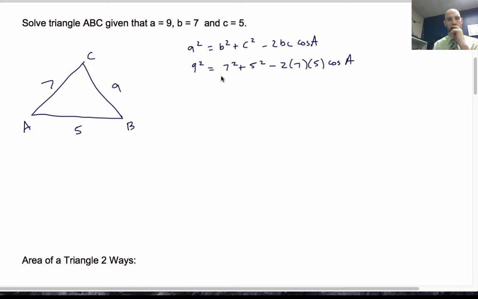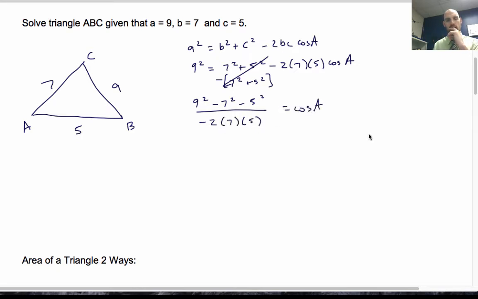However, I can subtract 7 squared plus 5 squared. So I've got 9 squared minus 7 squared minus 5 squared. All those are gone. And then I'm going to divide that by this part, so divided by negative 2 times 7 times 5. And that's equal to the cosine of A.